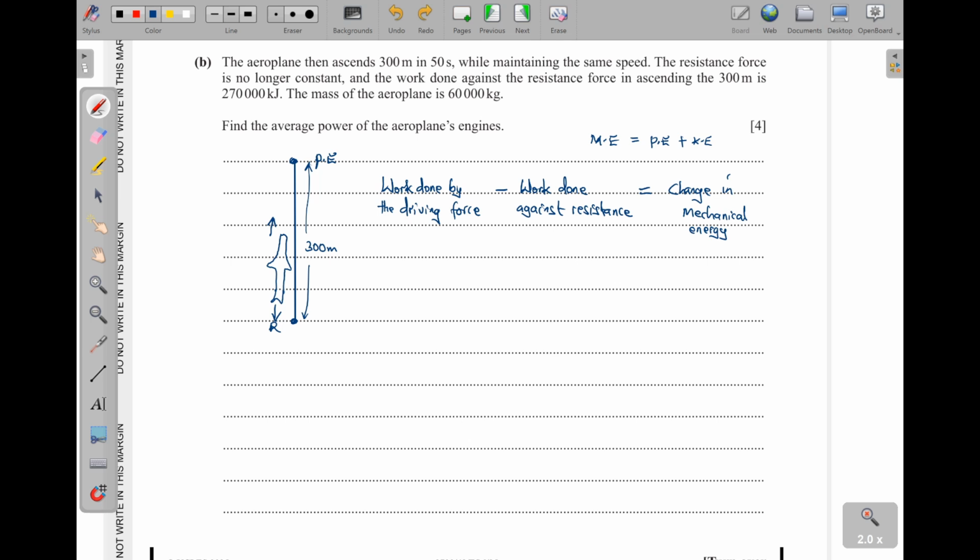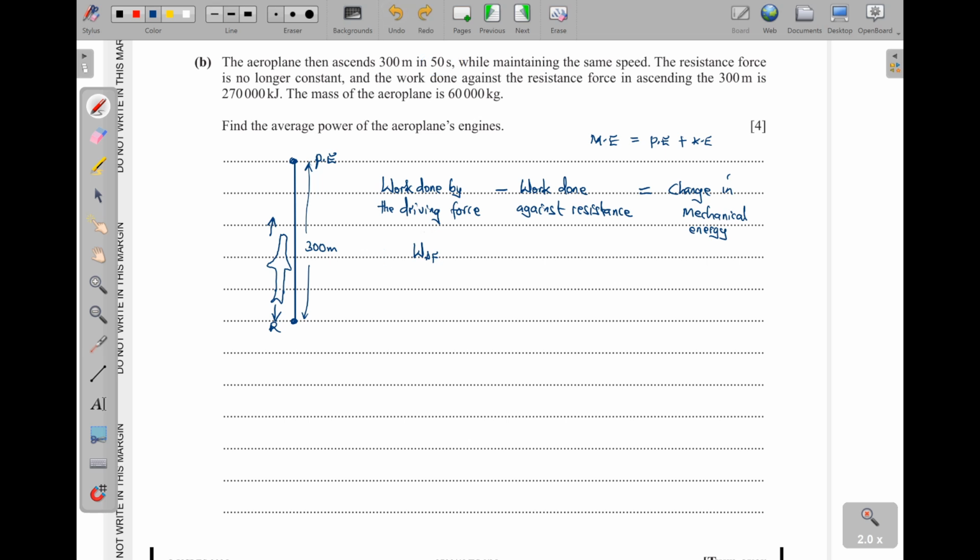Now since I need the average power of the airplane's engines, I'll need to find work done by the driving force. Remember, power is the rate of doing work. So if I get this work done by the driving force and I divide by the time taken, then I will be having the power.